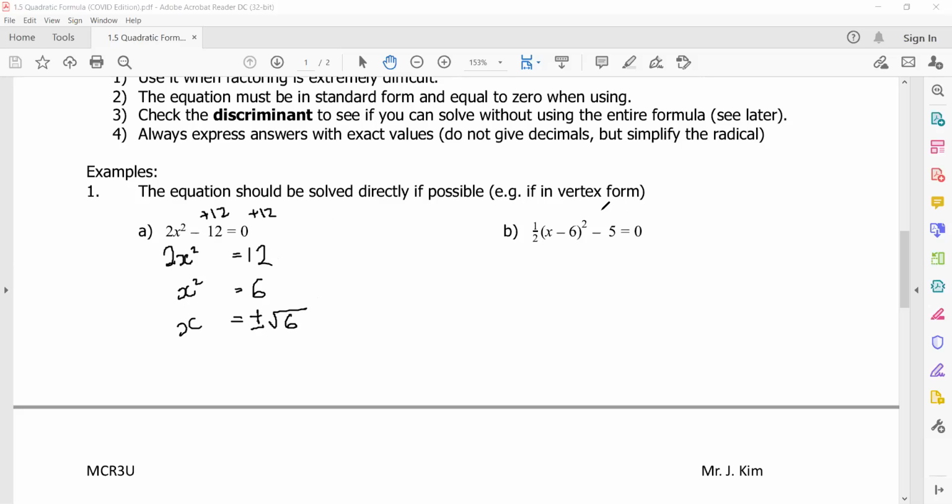Next, how about this? If it's in vertex form, Lucas, what comes first? That's okay. But this is what is it? Trying to get x all alone. So some people can think about the algebra as reverse BEDMAS, adding and subtraction first.